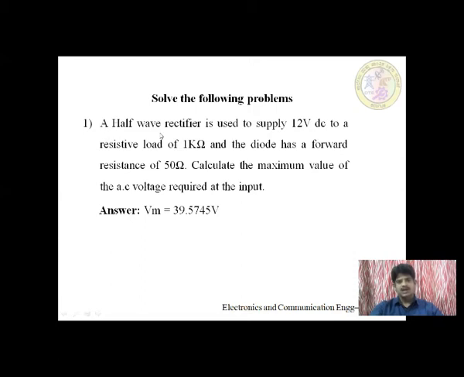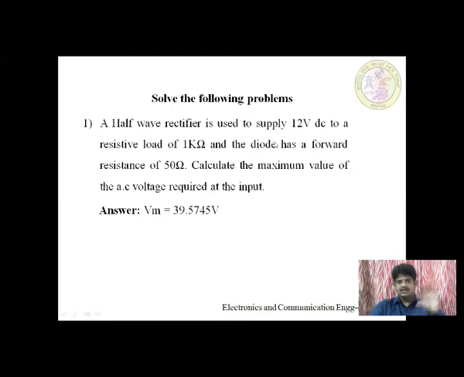The question is: a half-wave rectifier is used to supply 12 volt DC to a resistive load of 1 kilo ohm, and the diode has a forward resistance of 50 ohm. Calculate the maximum value of AC voltage required at the input. So in this question, assume a half-wave rectifier circuit.